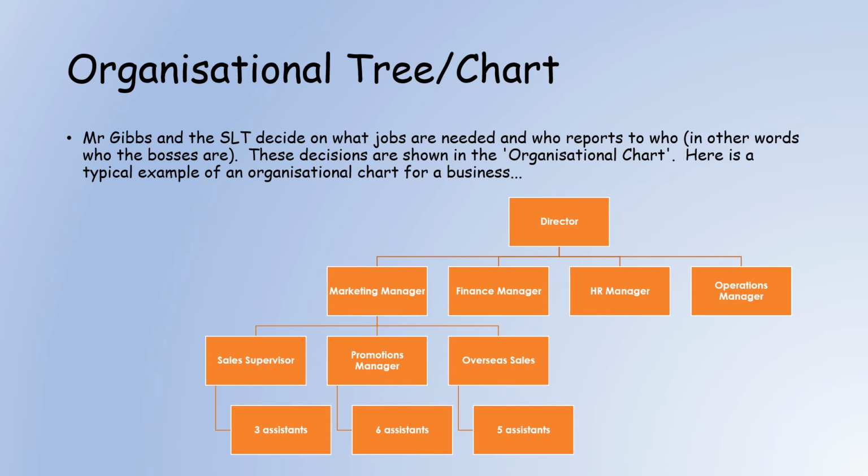This is very much a simplified organisational chart because I've only shown one department here, but all of the other departments are going to have a similar structure to the marketing department. So there will be a finance department, HR department, and operations department, and those would be equally as complicated as the marketing department there. But obviously I've only shown one department here because showing the whole organisation would become very, very complex.